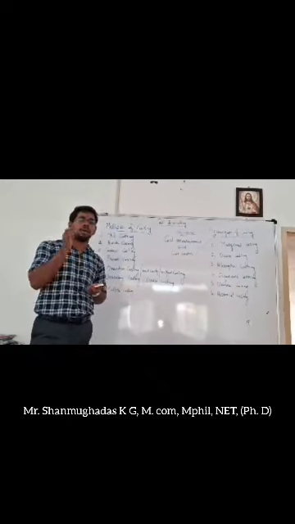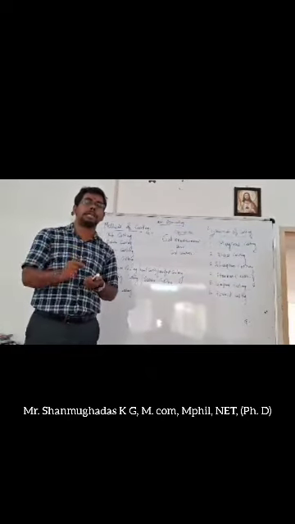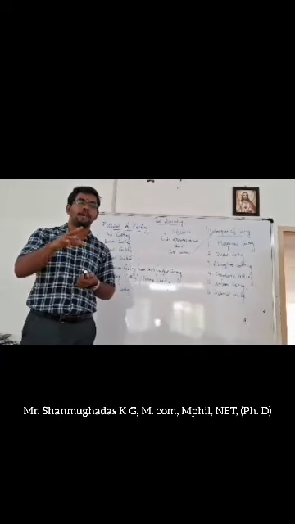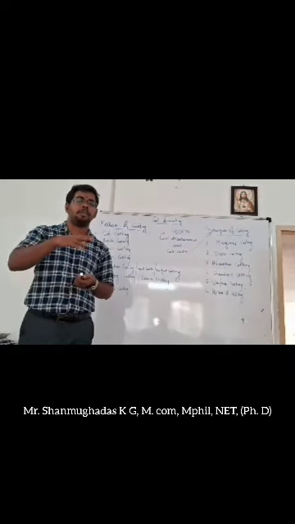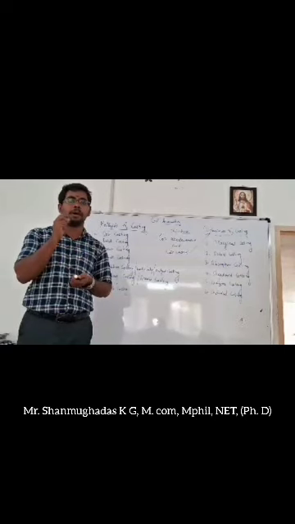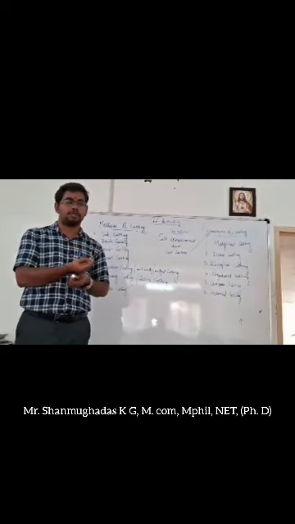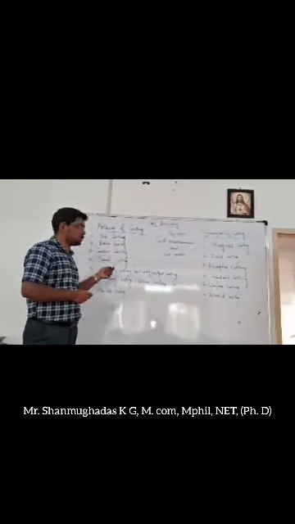That means costs are assigned at each stage of manufacture, and each stage of manufacture is called a process. So if there are three stages of manufacture, then there will be three process accounts, and we will calculate the cost per unit for each process.